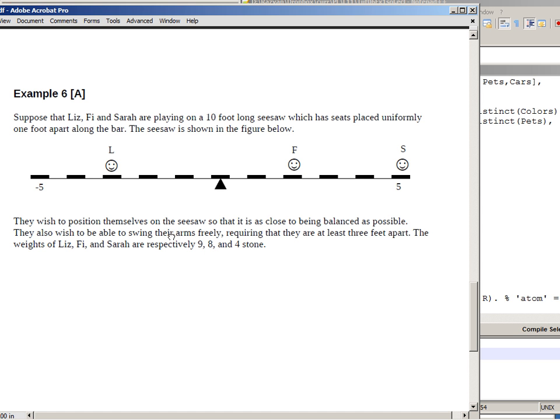Yes, moment. What's the moment? The force times the distance. No, we said the force already. The force would be the weight times the gravity, but times the sine of the angle between the force and the arm.